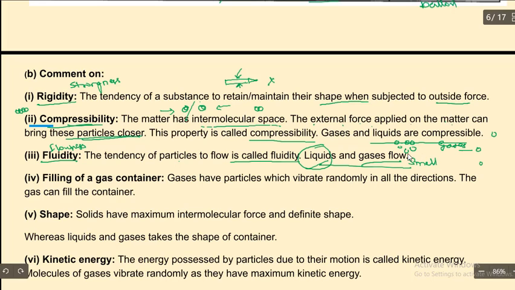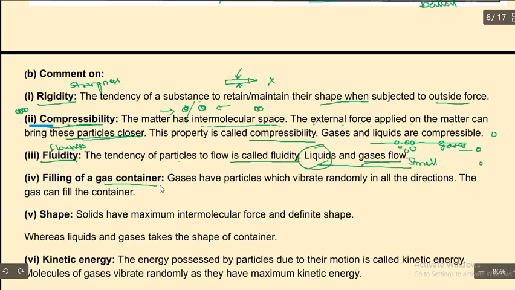So if you light up the incense sticks, that agarbatti you are going to say, right? If you light up that agarbatti, what happens? You are going to see the smoke effect that is going to move. That effect we are going to call what? Fluidity. The smoke is also going to flow.